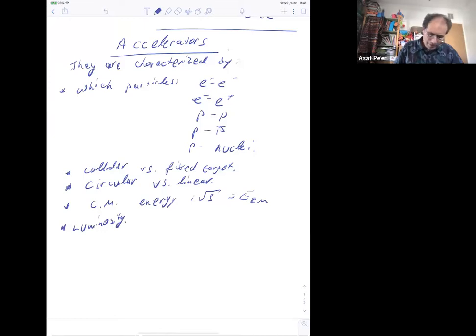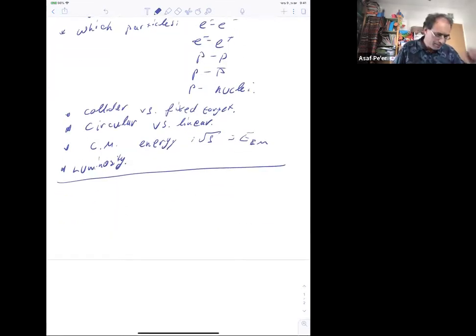So a few words about the luminosity. We've already discussed that in one of the previous weeks. It was defined as relating the cross-section for a given process to the actual number of events that's going to happen. So dN/dt is the actual rate of collision events, which is the luminosity times the cross-section. I'm using curly L, similar to the Lagrangian, but of course this is the luminosity, and this is the cross-section.